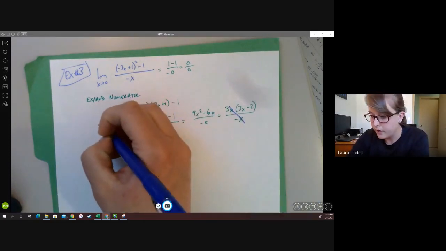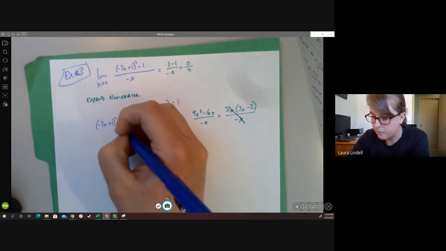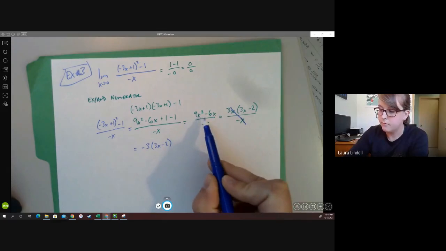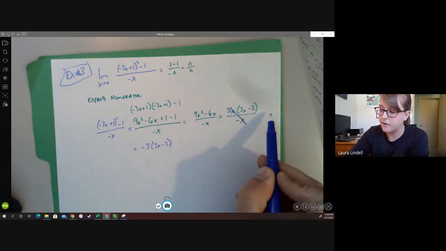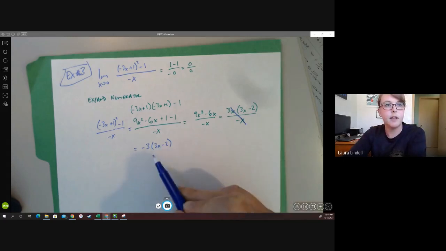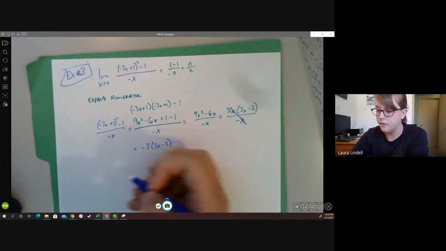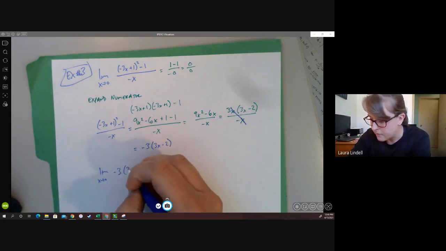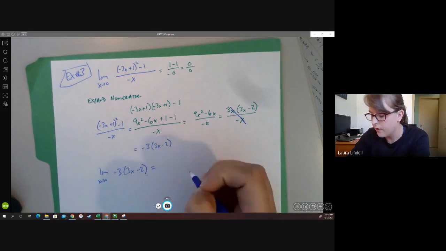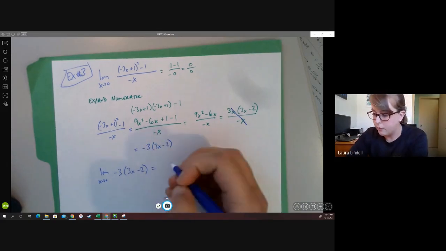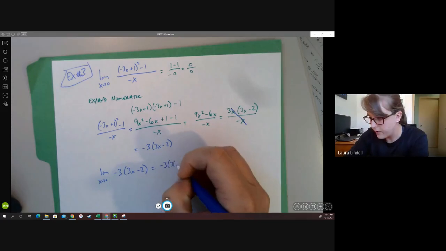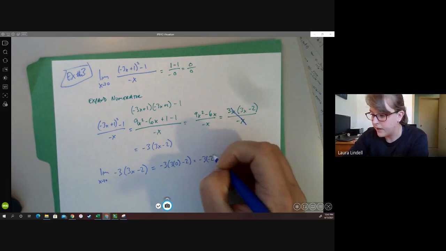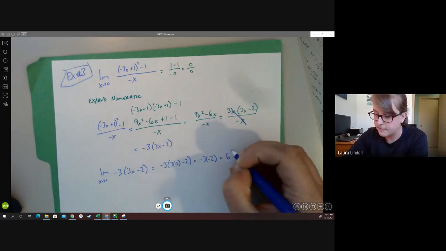We had negative 3x plus 1 squared minus 1 over negative x. We expanded. We factored out the greatest common factor. We canceled the x. And now we're left with this. So now we're going to take the limit as x approaches 0 of negative 3 times 3x minus 2. And when I plug in a 0 here, we get negative 3 times 3 times 0 minus 2, which is just negative 3 times negative 2, which is positive 6.